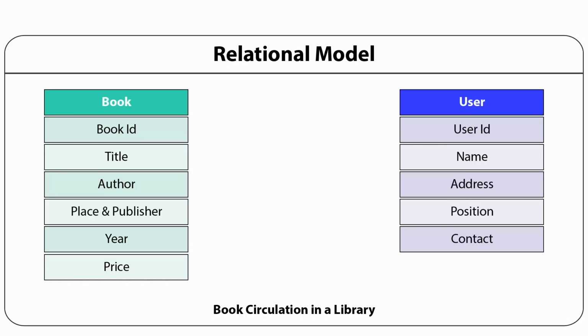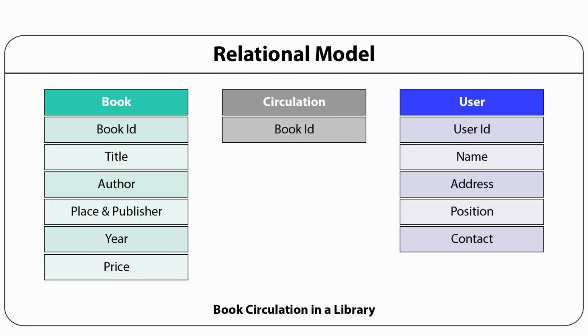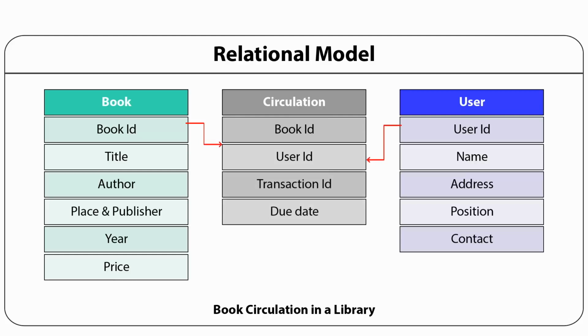Now we create a third table, which we call the circulation table. If we issue a book, the data is stored in the circulation table. What we store there is the book ID and the user ID. That means which book ID is issued to which user ID.